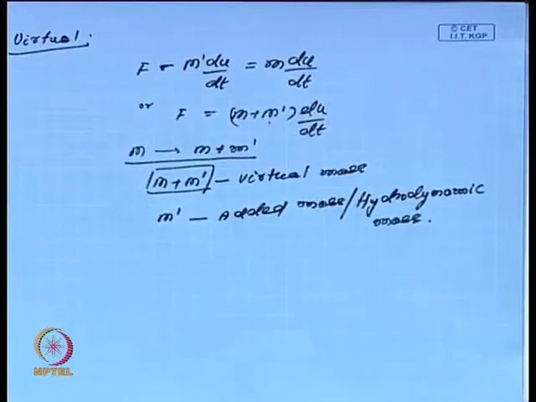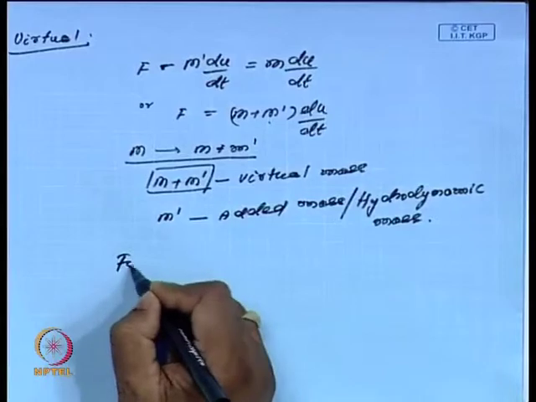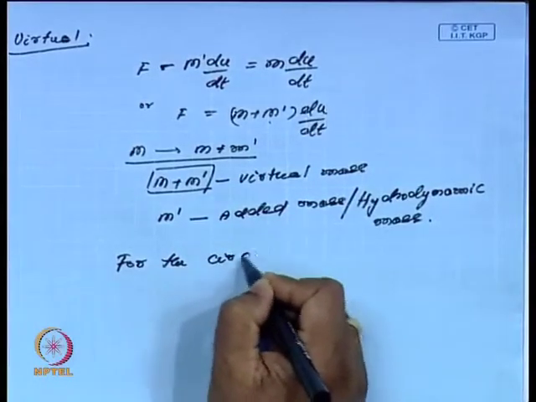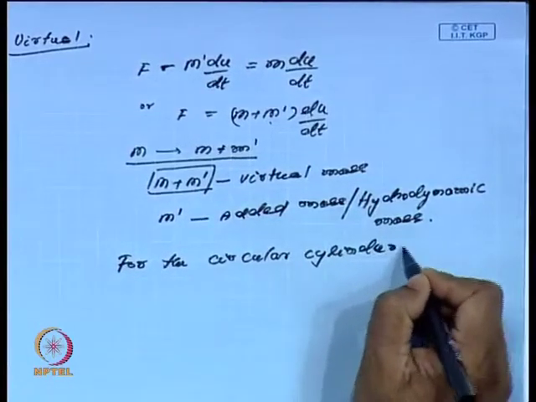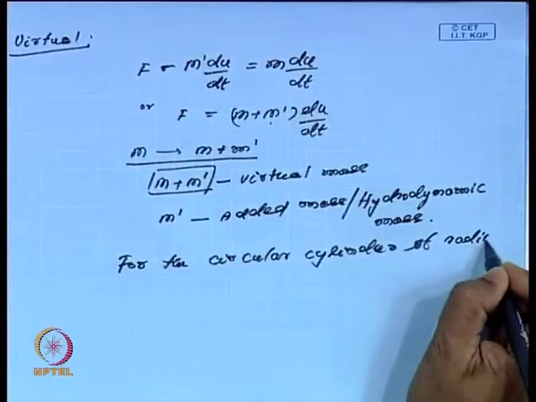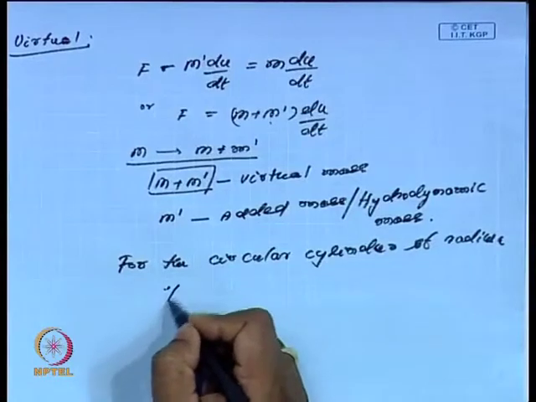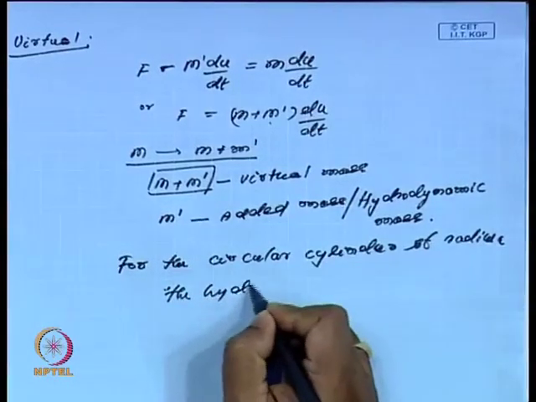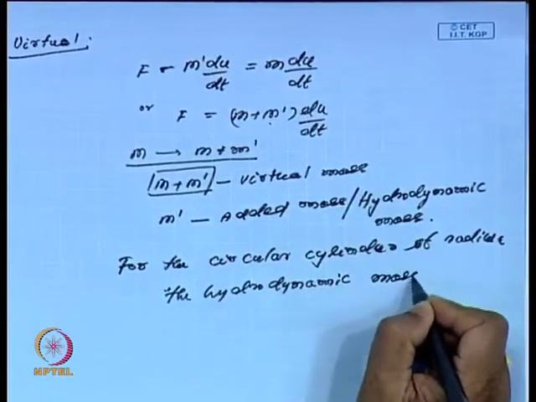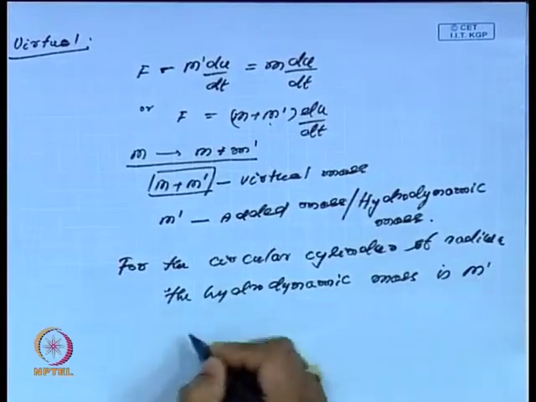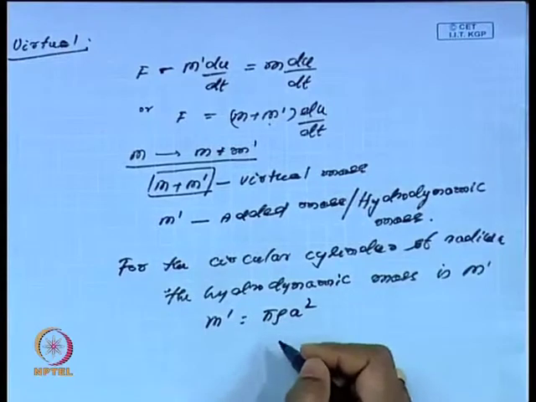So, for the circular cylinder of radius a, the added mass, the hydrodynamic mass m prime, is equal to pi rho a square.